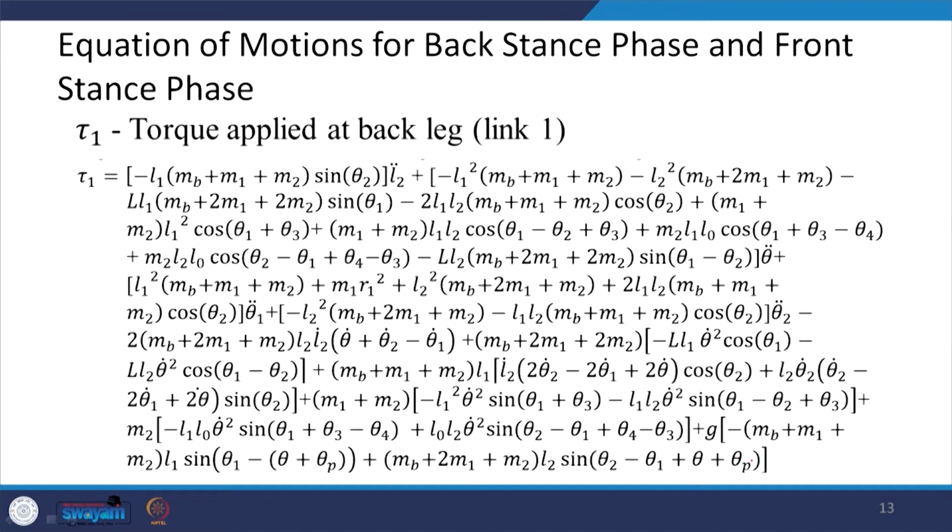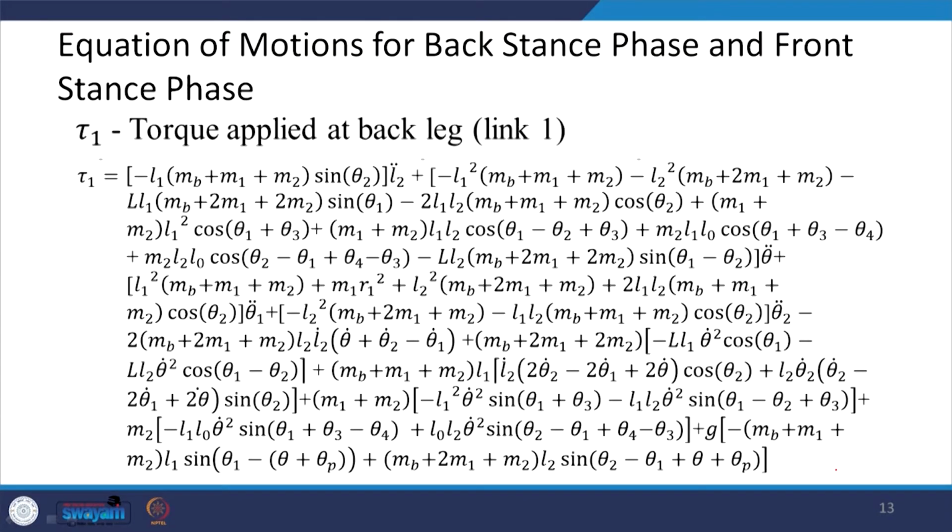So, the equations of motion for the back stance phase and the front stance phase we consider, because the torque applied at the back leg, that is in case of link 1, is going to be this torque. You can see there is a huge expression over here involving all the parameters.